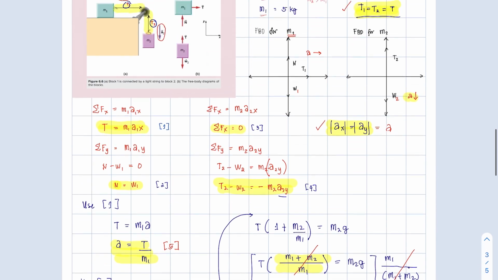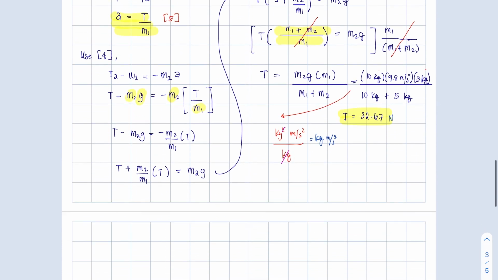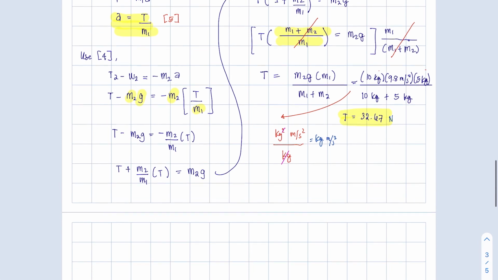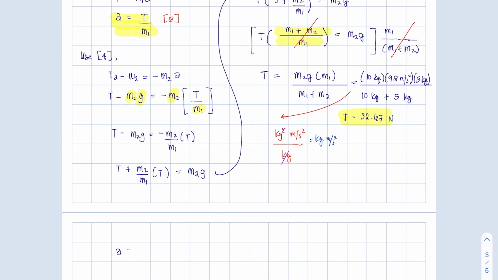Now let's try to solve for the acceleration. Solving for the acceleration is actually pretty straightforward. We already had an expression for acceleration, which is a is equal to the tension divided by mass 1.